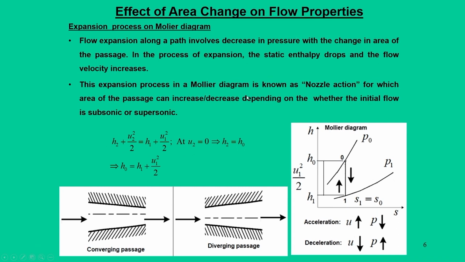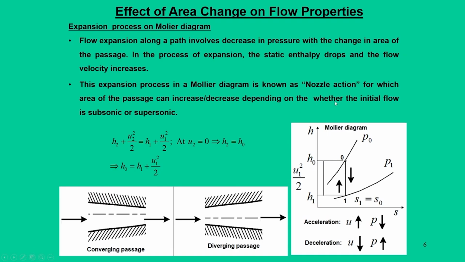If the expansion has to happen, that is nozzle action, then the fluid must accelerate, velocity must increase, pressure must decrease, and if the flow is incompressible, then we will end up with a converging passage. If the flow is compressible, then we may have a diverging passage.